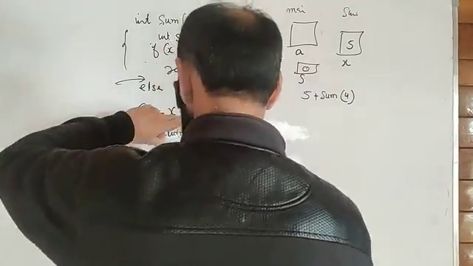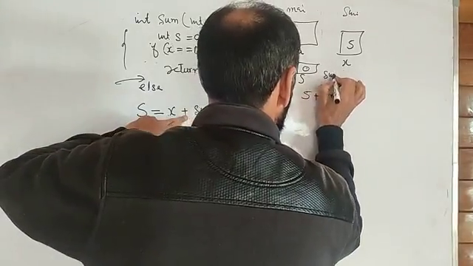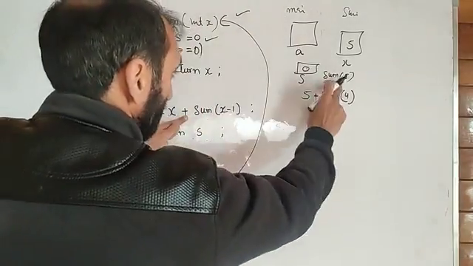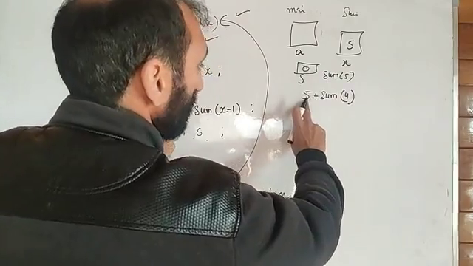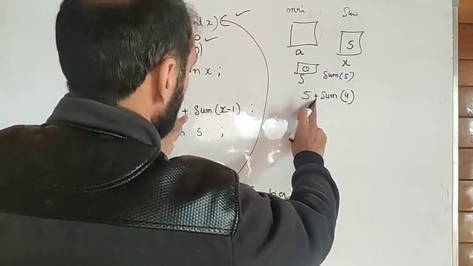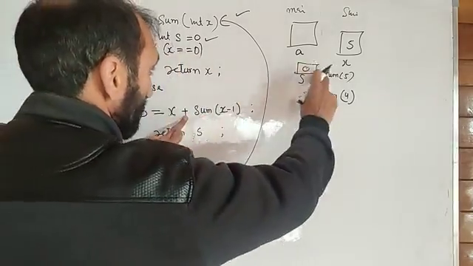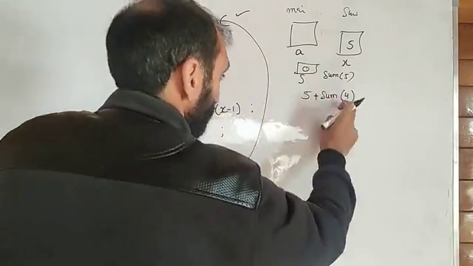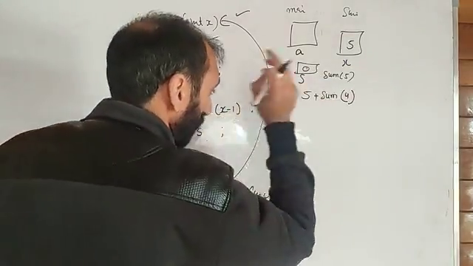Because it actually is a sum call, sum 5 is called. Now x contains 5 plus sum x minus 1, 5 minus 1 is 4.